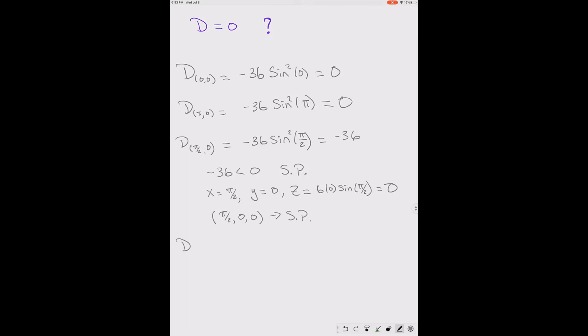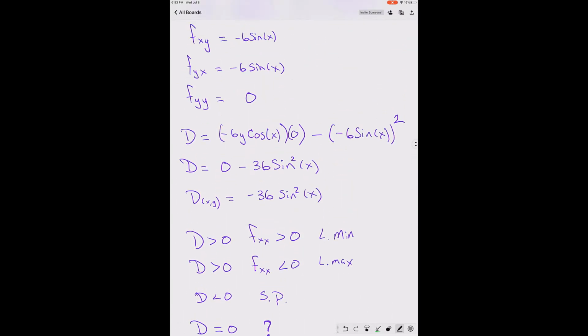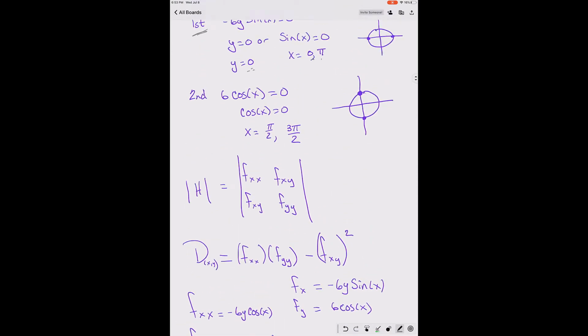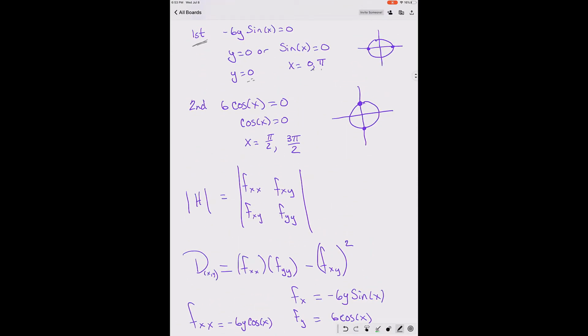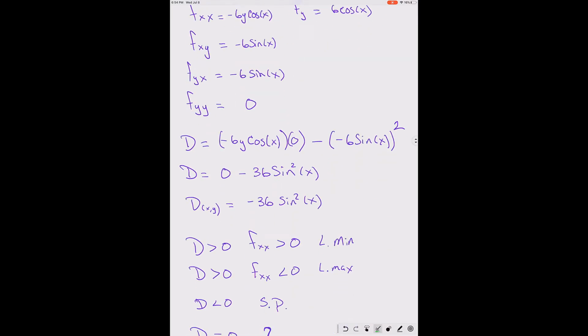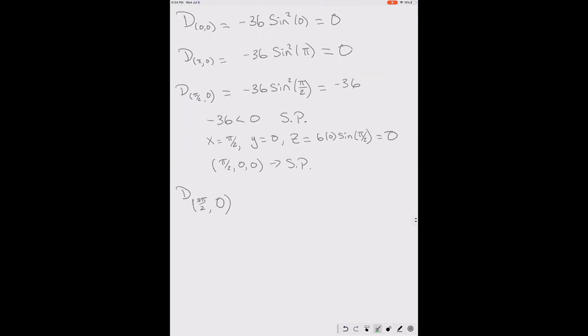Then we have to check what happens with D at 3 pi over 2. And by the same idea, I'm going to use the extreme point that we're given on our interval of 0. I could use 2 pi, but that would be the same. Cosine of 0 and cosine of 2 pi are the same. And I am getting that 3 pi over 2 from the second situation where we found 3 pi over 2. Okay, so I plug those values in.